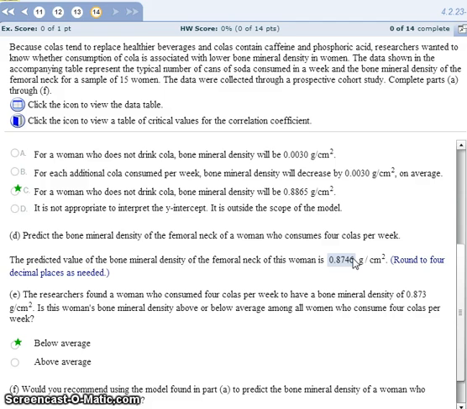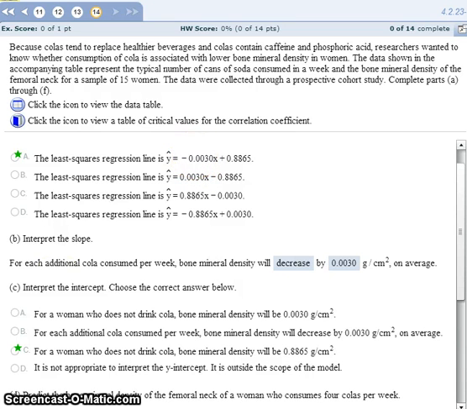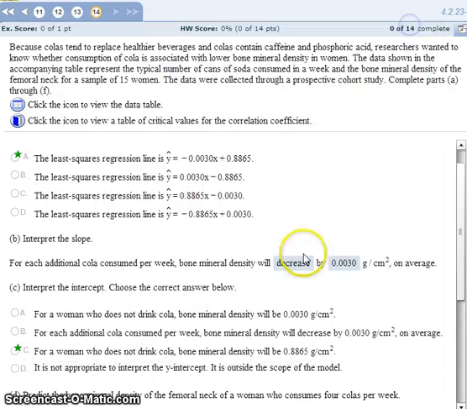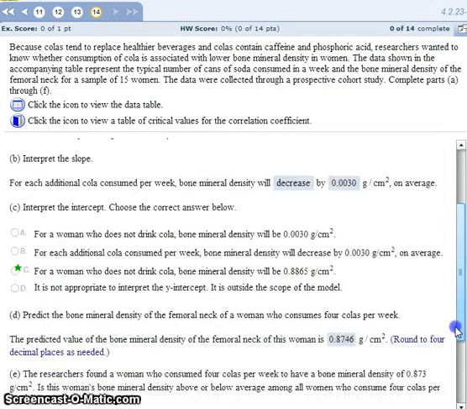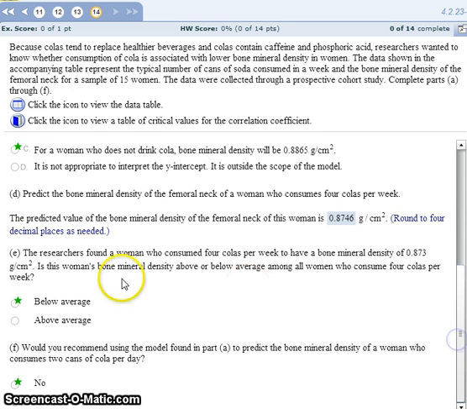MyMathLab will accept values close to that. It has 0.8746 here, because we rounded when we produced the slope and the y-intercept, so some answers will be rounded a little bit differently. It accepts anything in the 0.8745, 0.8746 range. So it's good like that. It won't count you wrong if you're just off by a decimal at the end.